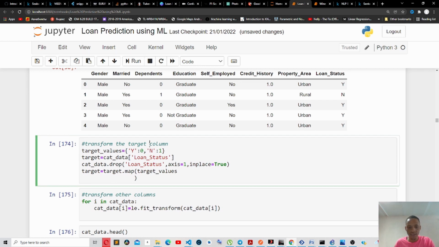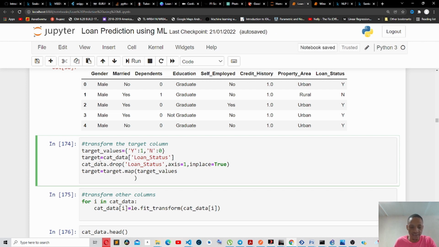And then let's transform the target column. Now for the target column, we know that y is equal to 0. That means if it's yes, we are going to place 0, and if it's no, we are going to place 1. Okay, let's do it the opposite. If it's yes, we are going to place 1. If it's no, we are going to use 0, right?